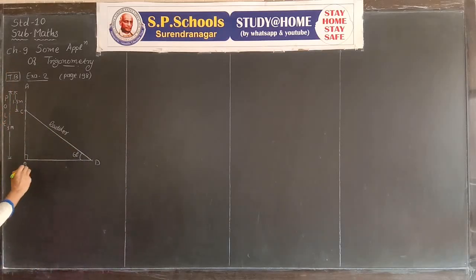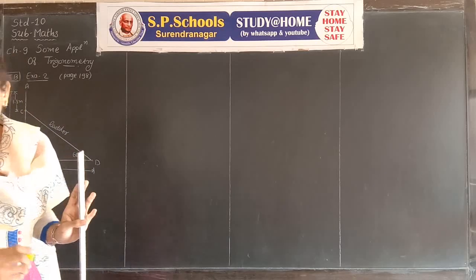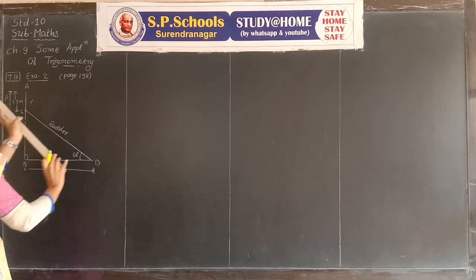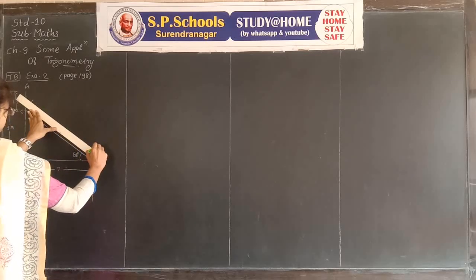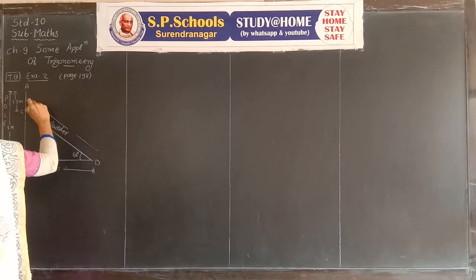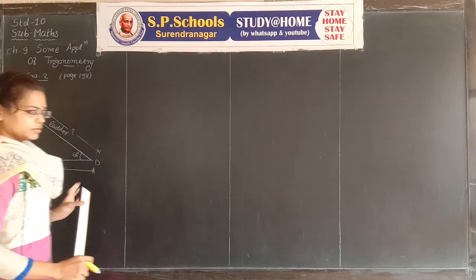We need to find BD, and another thing is to find the length of the ladder, which means CD.